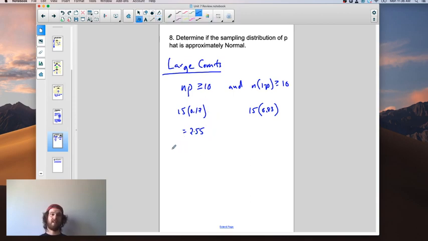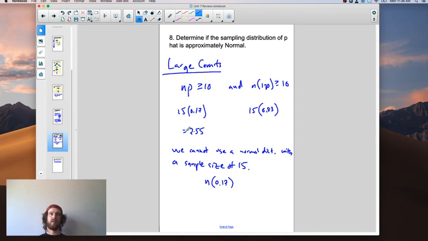So what we can say here is, we cannot use a normal distribution with a sample size of 15. So what we can do is do the calculation and say, all right, what sample size do I need for 0.17?